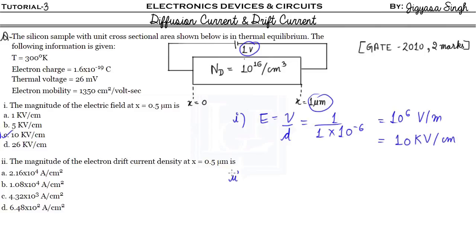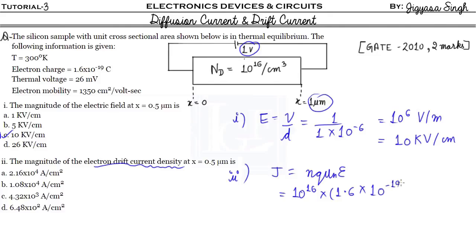For the second part, now we have to write the formula for drift current density, which is very simple. This was N, Q, mu n and E. So let me just put the values real fast. 10 to the power 16 and what is this? 1.6 into 10 to the minus.